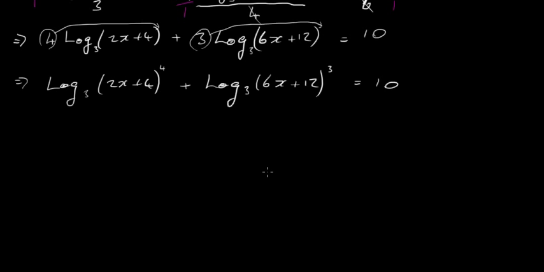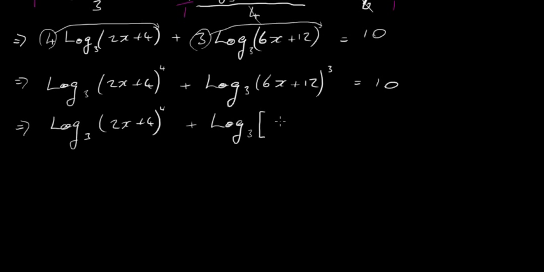Now, one last thing I'm going to do before I continue. You can see here you've got a base 3 and a base 3, so I can multiply these two here. But one last thing before I do that, I'm just going to factorize this thing here in the brackets, because I'd like to have a 2x plus 4 and a 2x plus 4 here. So what I'm going to do is take log to the base 3 of 2x plus 4, and that's to the power of 4, plus log, now this is the base 3.